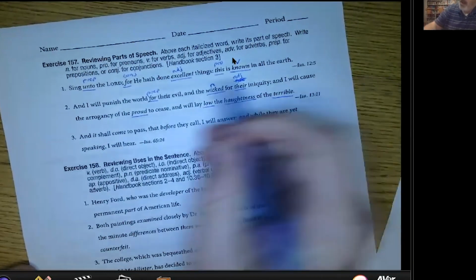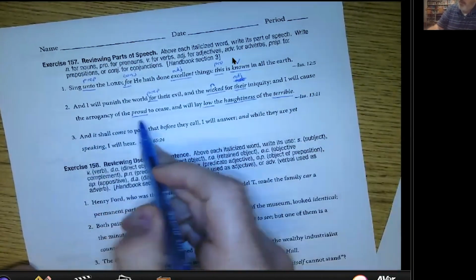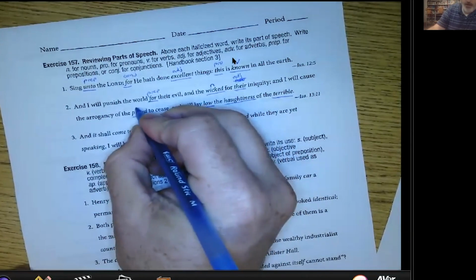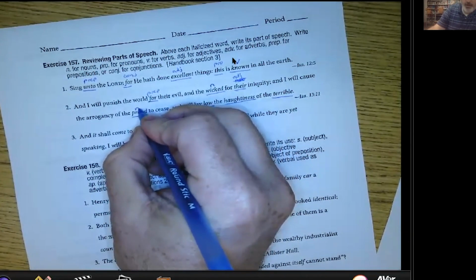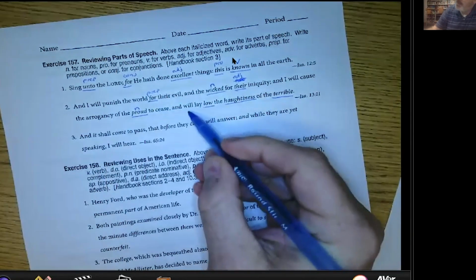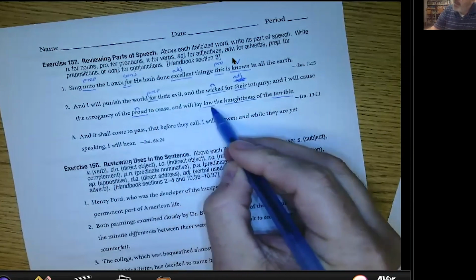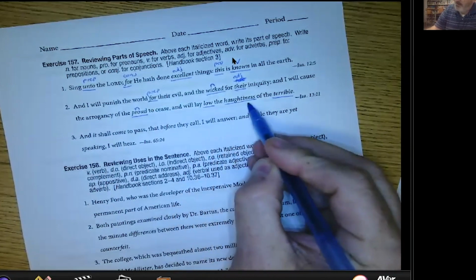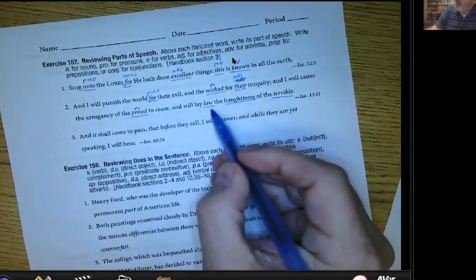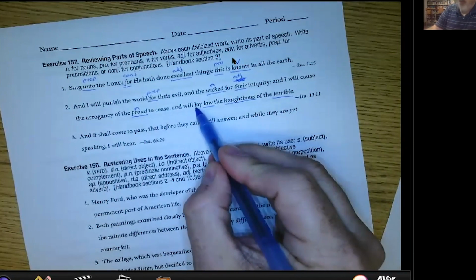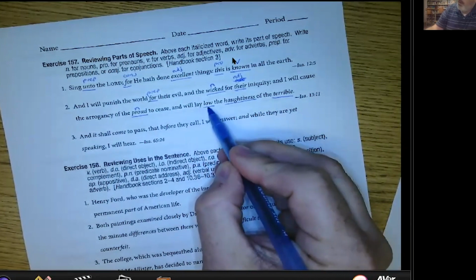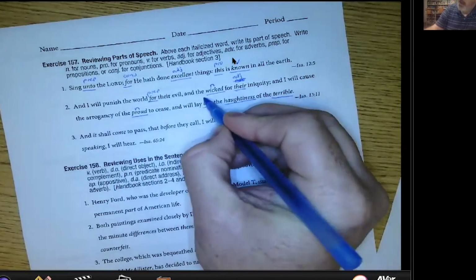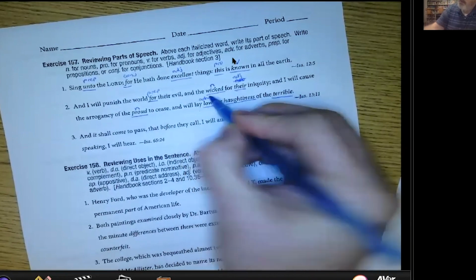And I will cause the arrogancy of the proud, that should be another noun, to cease, and will lay low the haughtiness of the terrible. So low is describing how we lay, and will lay is the verb. So what describes verbs? That's an adverb, ADV.